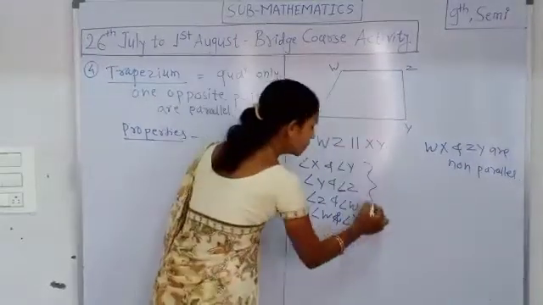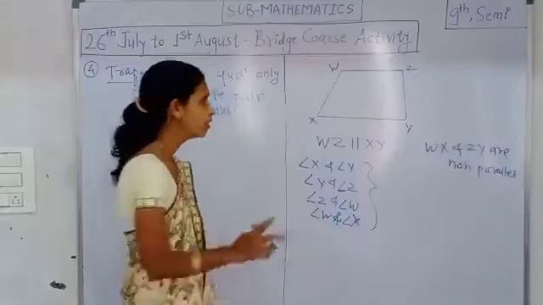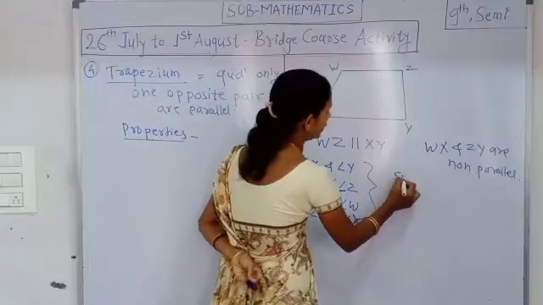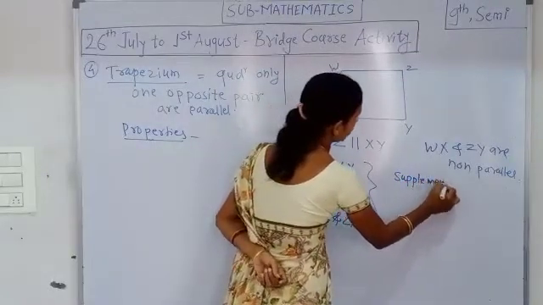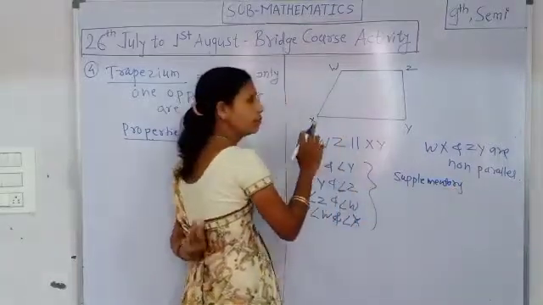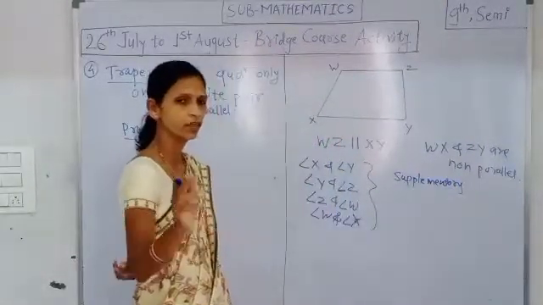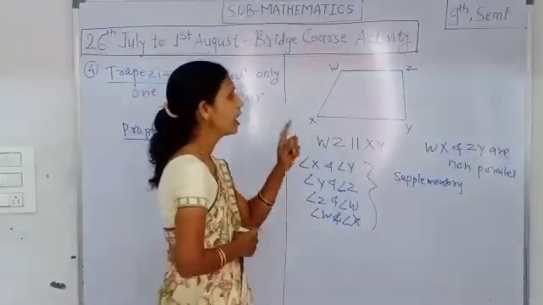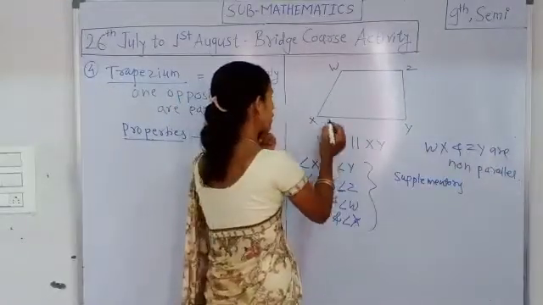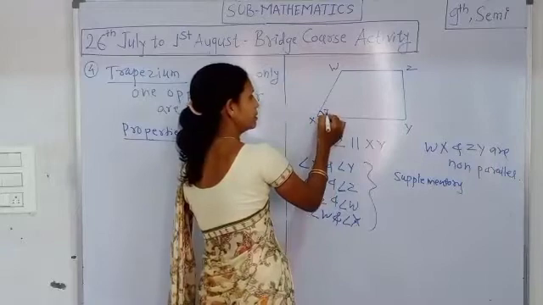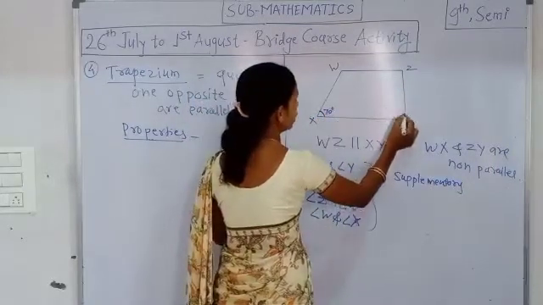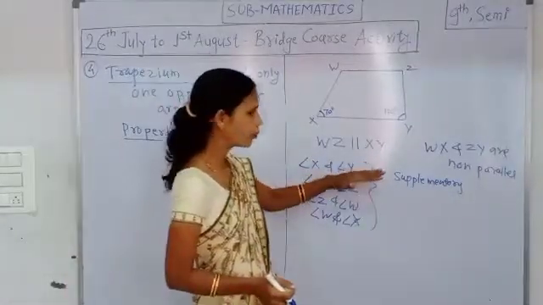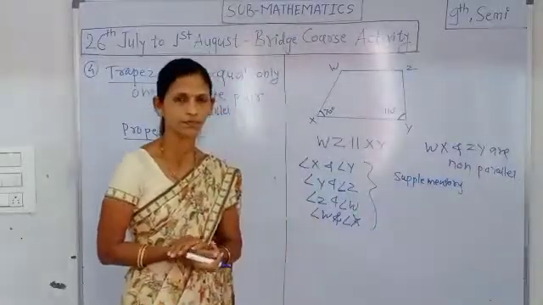Out of these four pairs, only two pairs are supplementary, that means the sum of the adjacent angles is 180. For example, if angle X is 70 degree, then angle Y is 110 degree. That is the property related to the trapezium.